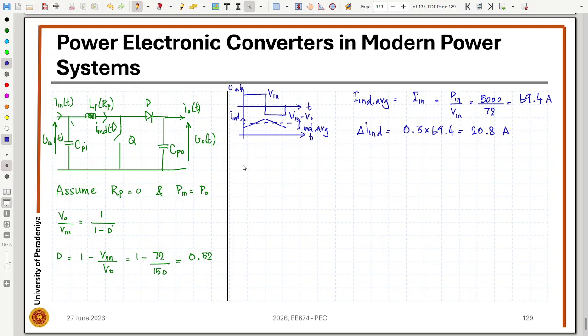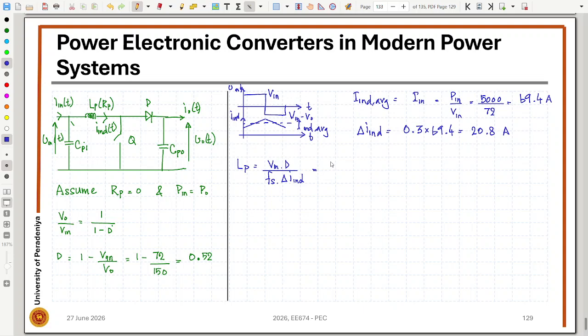So we can write the inductor Lp as V in times D over Fs times delta I inductor. That is considering the turn on time. Using the same method that we discussed for the buck converter, you should be able to derive this equation.